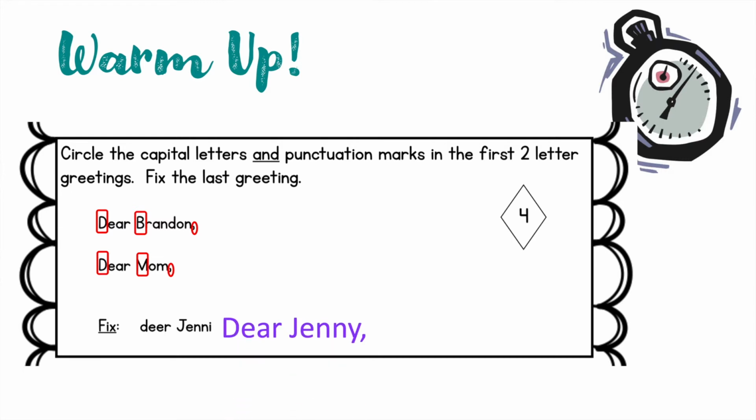Therefore, I should see that you wrote Dear Jenny, D with a capital, E-A in the middle of the word dear, in order for it to be the greeting and not the animal. And then Jenny would be followed by a comma. Awesome job, writers.